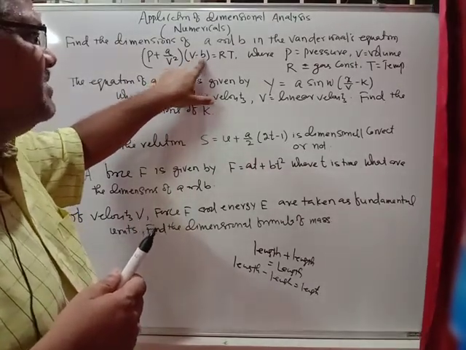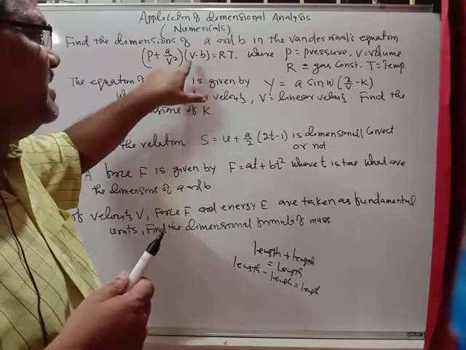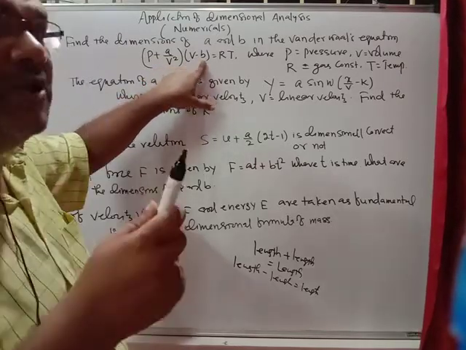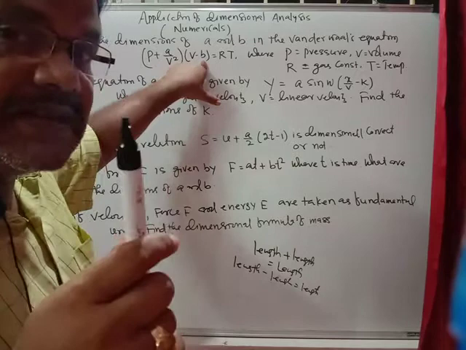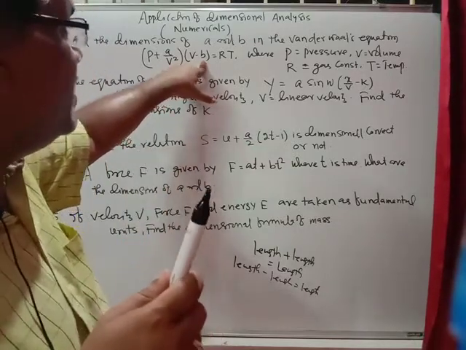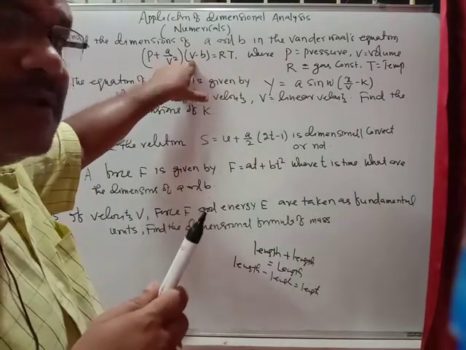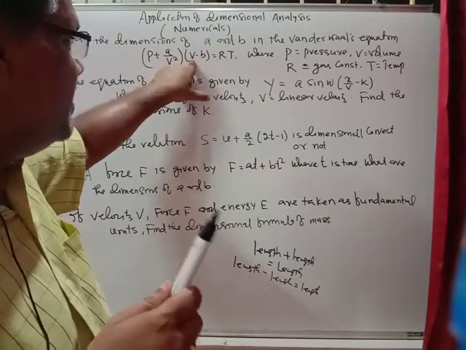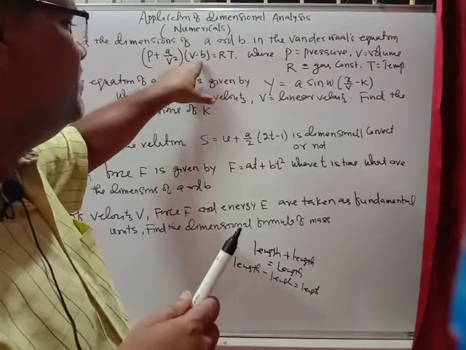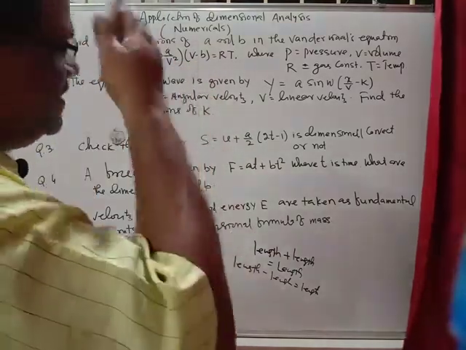So in V minus B, since V is the volume, B must be volume too, because as per the first principle of dimensional homogeneity, B must have the dimension of volume.